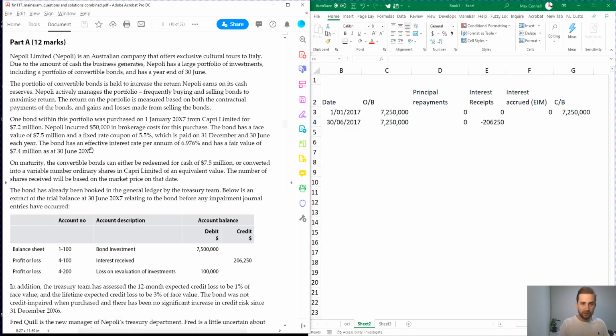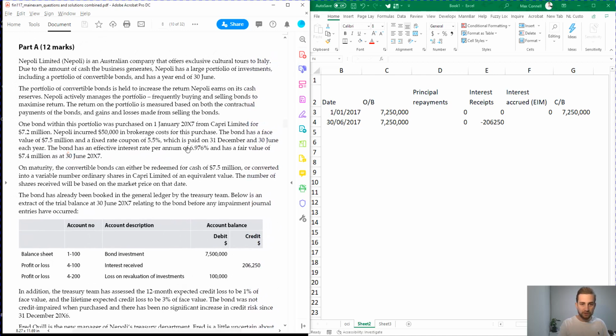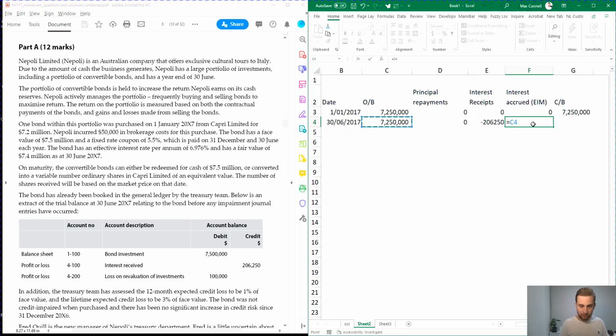So we can see the bond has an effective interest rate of 6.976%. So what we're going to do is go that times 0.06976. And then of course, same issue, time period, so we divide by 2.